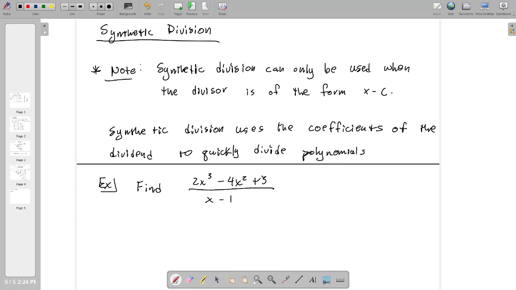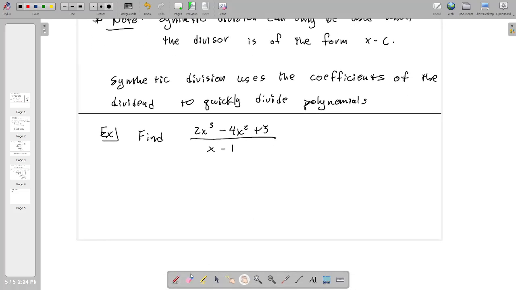Now, x minus 1 is a pretty easy divisor, but let's go ahead and work this anyway. And we're going to work it in two ways. Do long division in one way, so this would be x minus 1 divided into 2x cubed minus 4x squared, don't forget your placeholder, plus 0x plus 3. And then synthetic division we'll do over here.